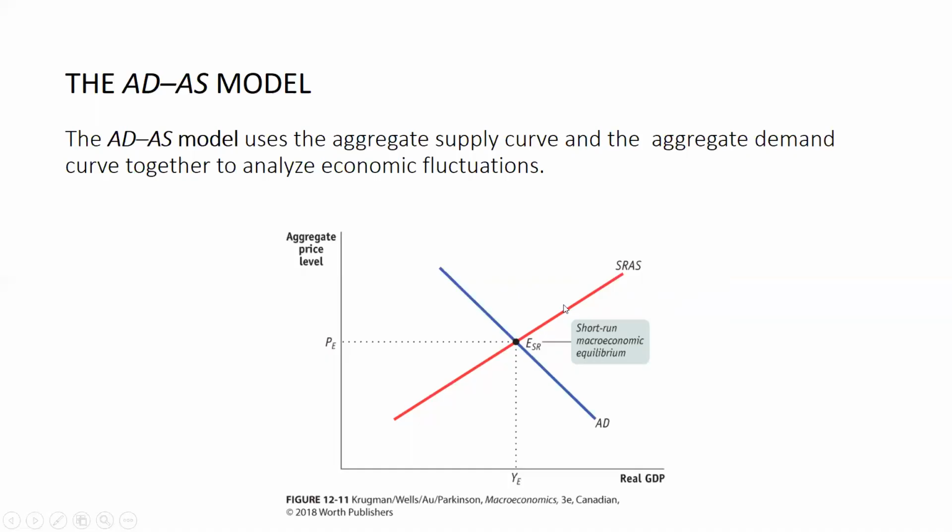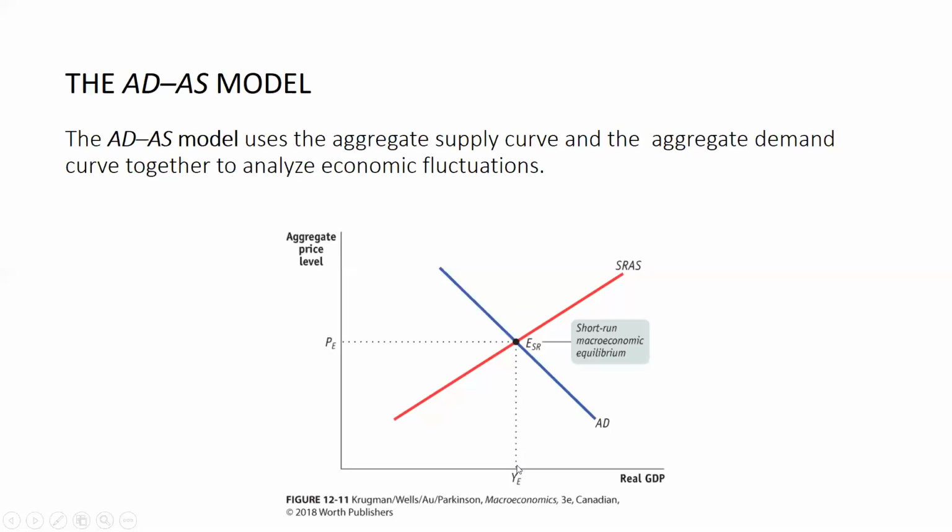There's too much stuff being produced, which will push the price down. If the price is below this equilibrium level, then the aggregate supply is less than what people want to buy, and so there will be shortages that push prices up. So the equilibrium will be at this price PE, and the output will be given by YE.